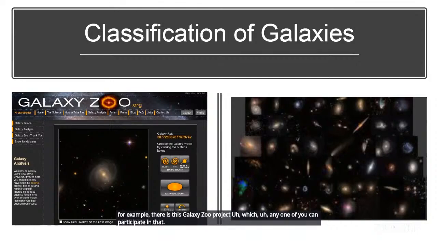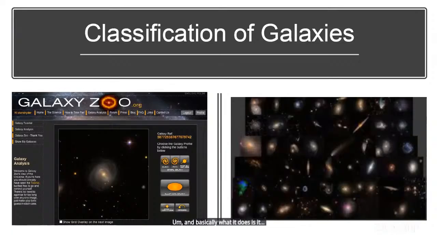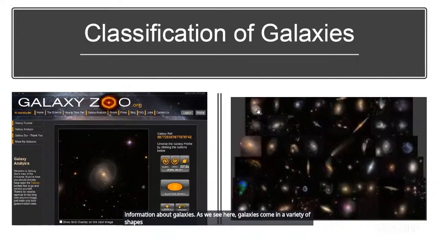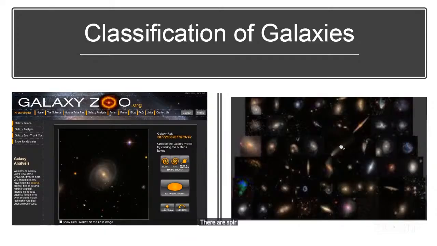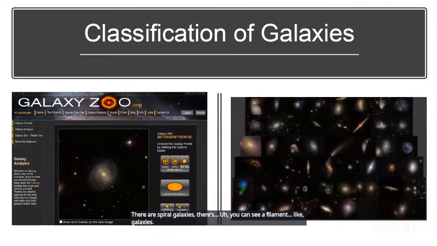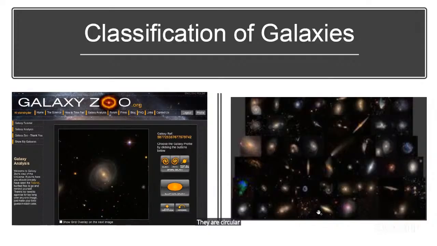There is a tremendous amount of information about galaxies. As we see here, galaxies come in a variety of shapes. There are spiral galaxies, filament-like galaxies, circular galaxies, elliptical galaxies, and so on.